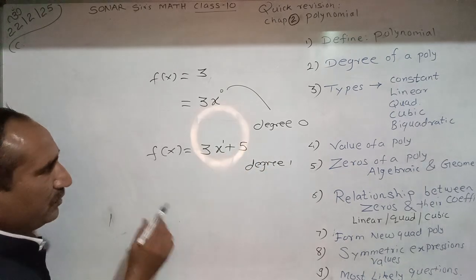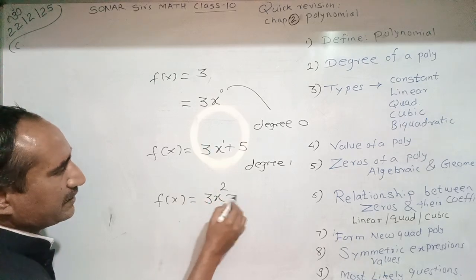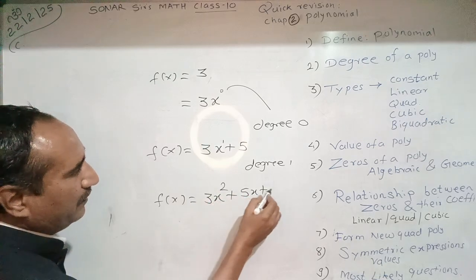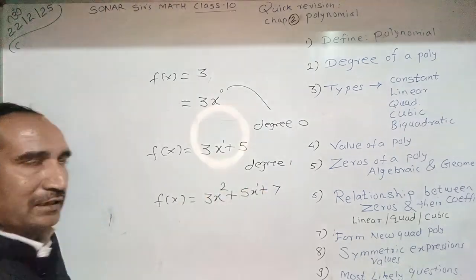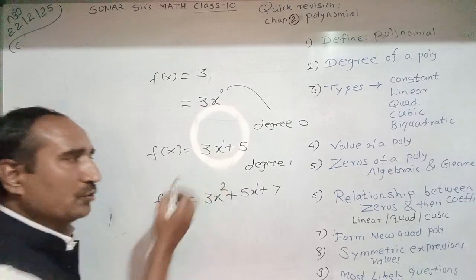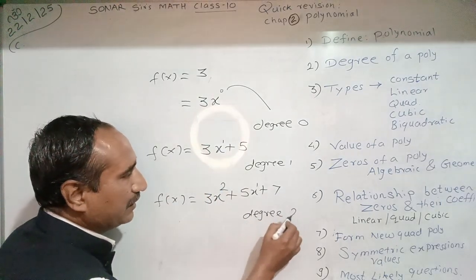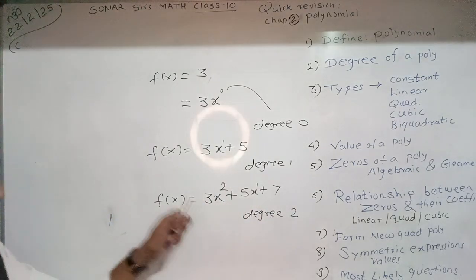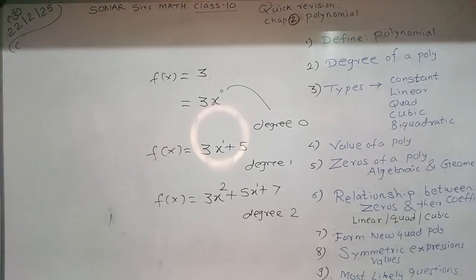Then third one is quadratic polynomial. Suppose 3x square plus 5x plus 7. Here you can see the highest power is 2. Therefore, degree of this polynomial is 2. And this type of polynomial is called quadratic polynomial.